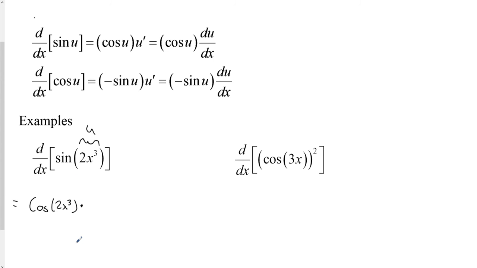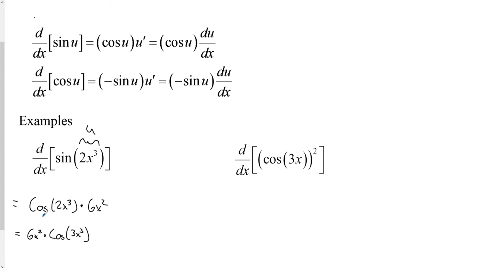And then we're going to multiply that thing by the derivative of the inner function, which we know to be 6x squared. Now, I can't do a whole lot of simplifying for this function, but just because it's cosine and we don't want to take the cosine of all of these things, just the cosine of that, I am going to rewrite it as 6x squared times the cosine of 2x to the third.